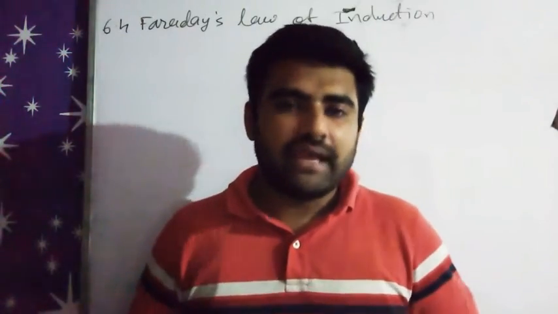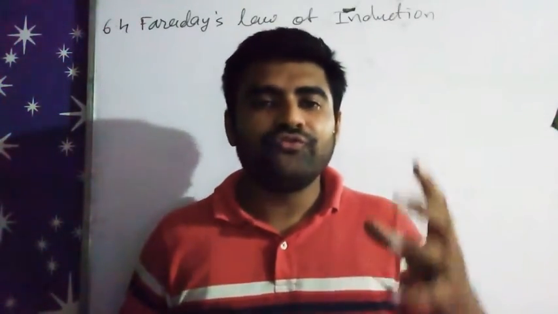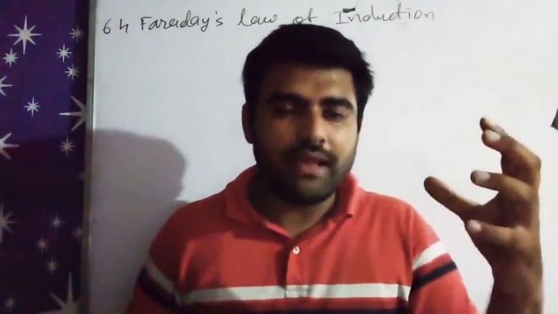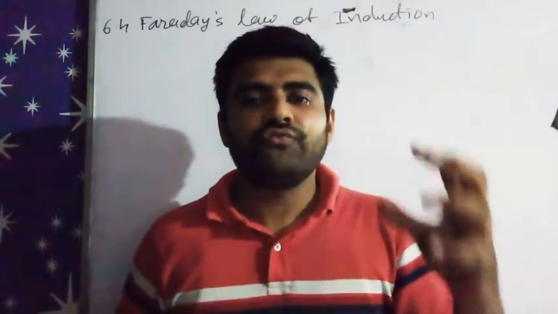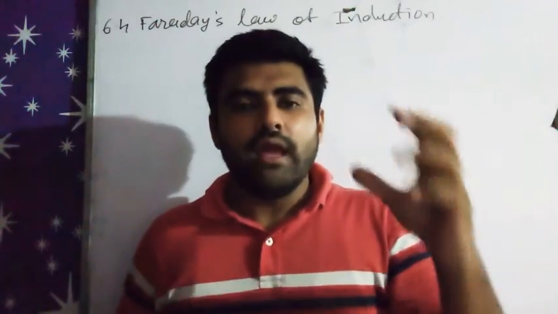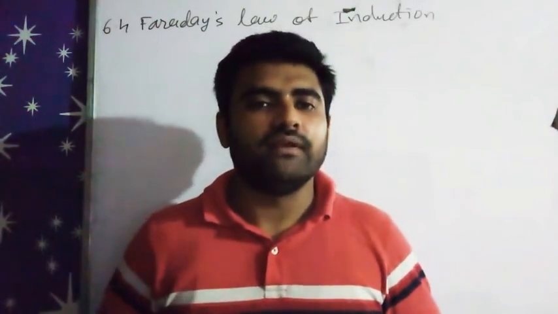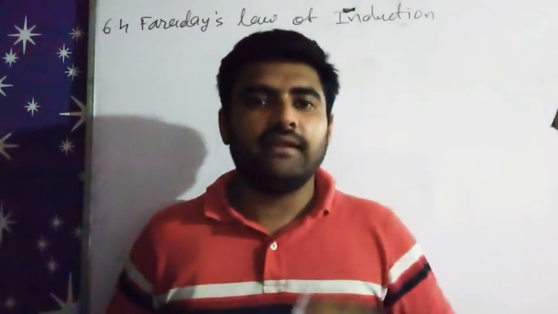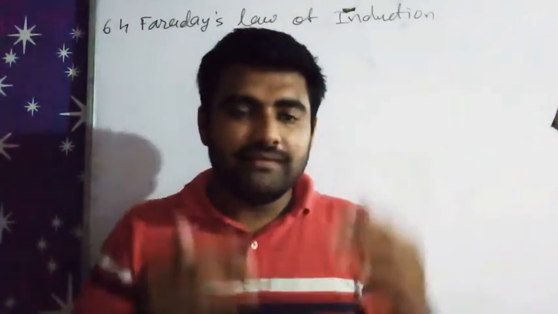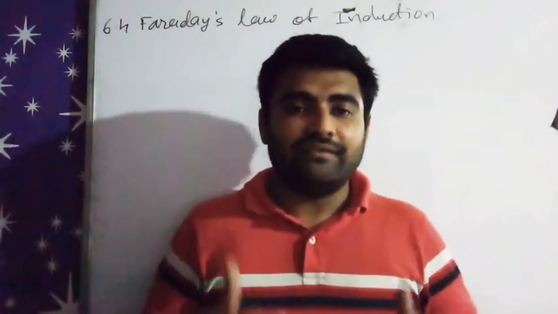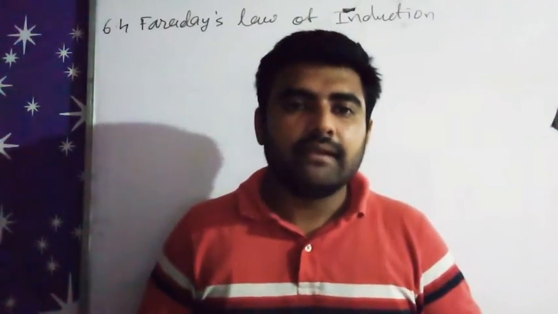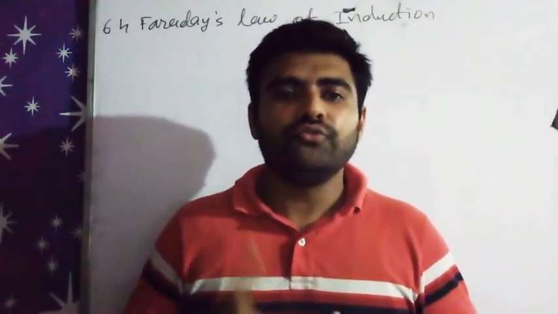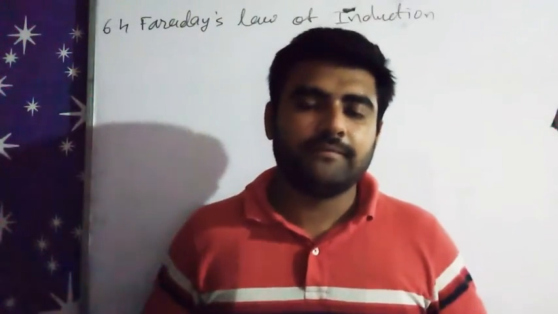Due to changing magnetic flux we get induced EMF in the other coil, and due to that induced EMF we get induced current in the coil connected with the galvanometer. So that's how the galvanometer is deflected. In these three experiments, Faraday concluded that we get electric current due to changing magnetic flux.